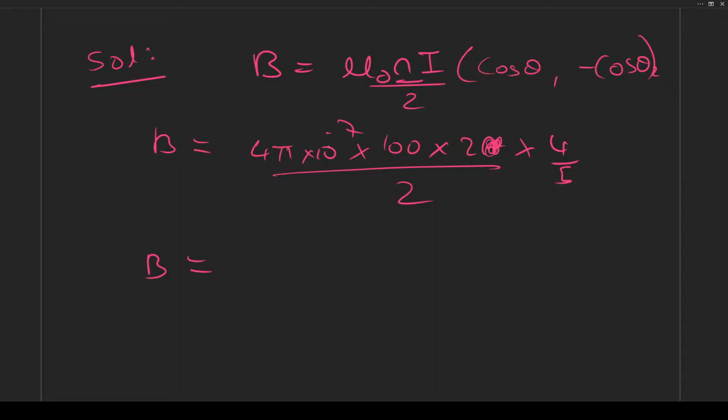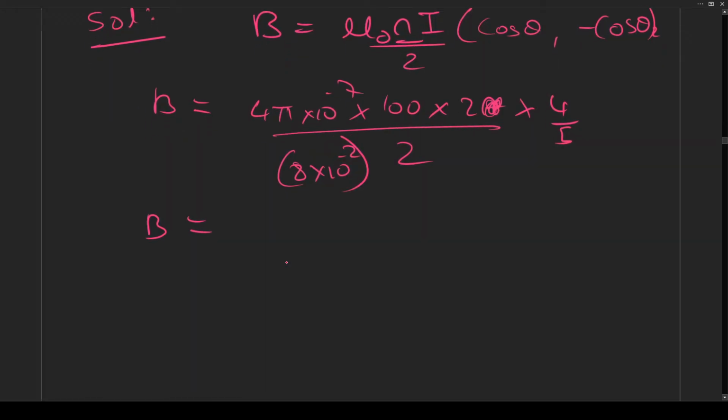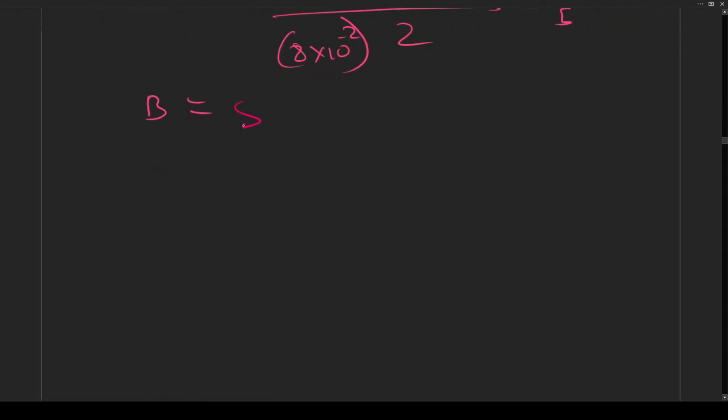This is the number of turns per unit length. So the length of the solenoid is given as 8 centimeters, so 8 into 10 power minus 2 here. Finally, we will get 800 pi microtesla.